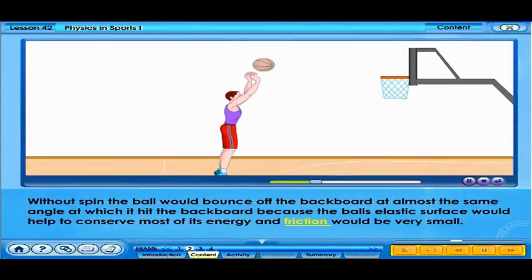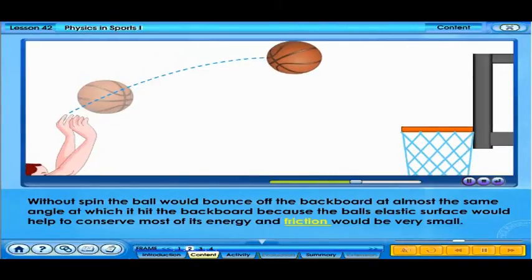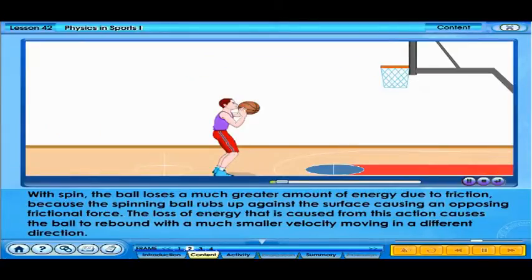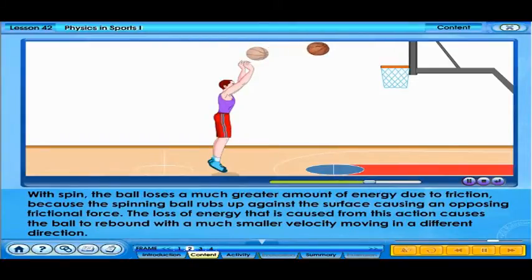Without spin, the ball would bounce off the backboard at almost the same angle at which it hit the backboard, because the ball's elastic surface would help to conserve most of its energy and friction would be very small. With spin, the ball loses a much greater amount of energy due to friction, for, as the surfaces come in contact, the spinning ball rubs up against the surface, causing an opposing frictional force.